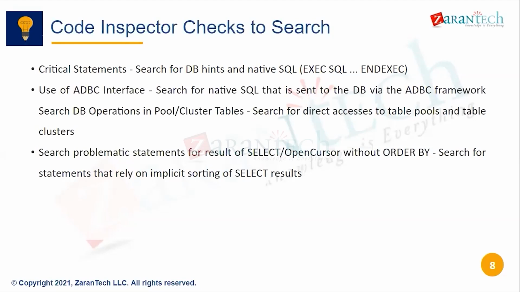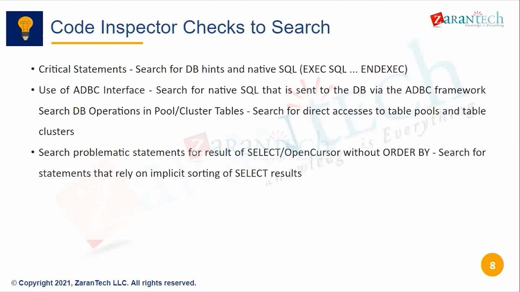It also searches for problematic statements, such as a select or open cursor without order by. Along with the critical statements, it also checks for the optimization part. If you wrote a select statement and did not write any order by, it gives us that as a result back.